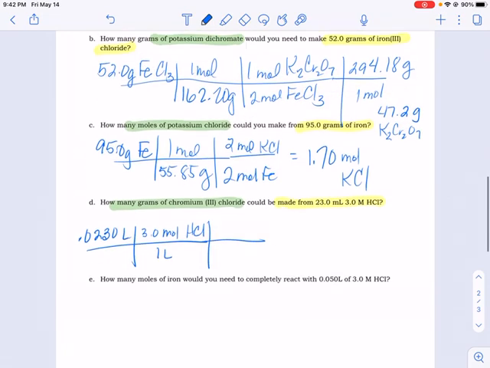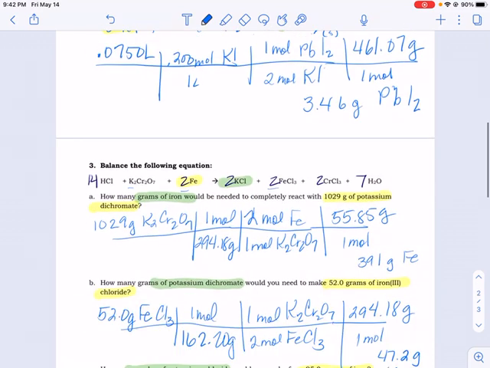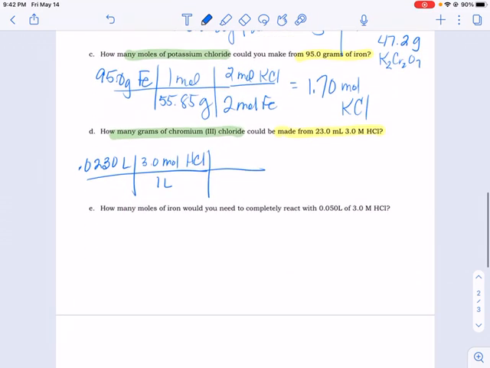Our mole ratio, we're going from 14 to 2. 14 moles of HCl to 2 moles of chromium 3 chloride, and then we need to change it back to grams.